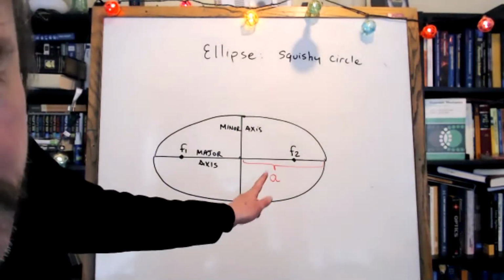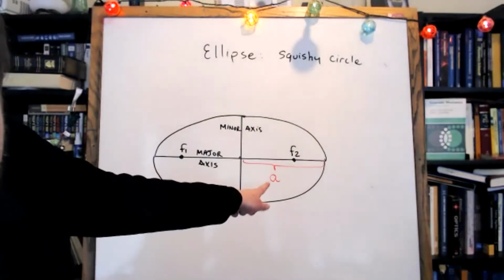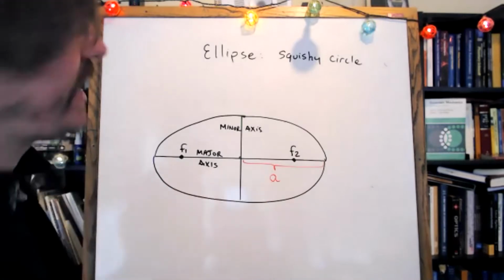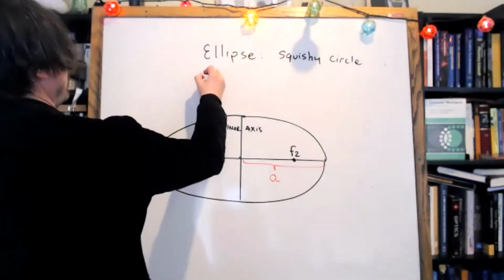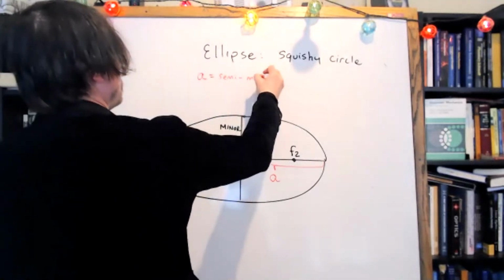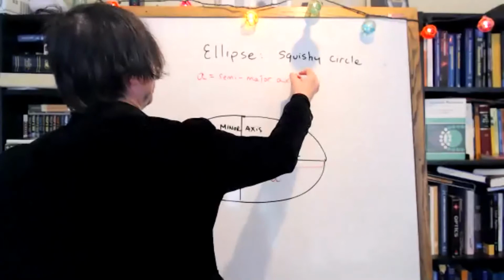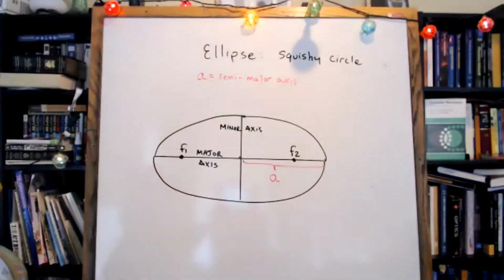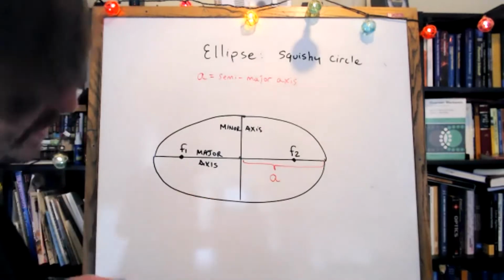It's called the semi-major axis, and I'm giving it its own letter here, letter A. A is the semi-major axis. It's going to turn out to be a very important parameter in our class. This is not the last time you'll hear about that.